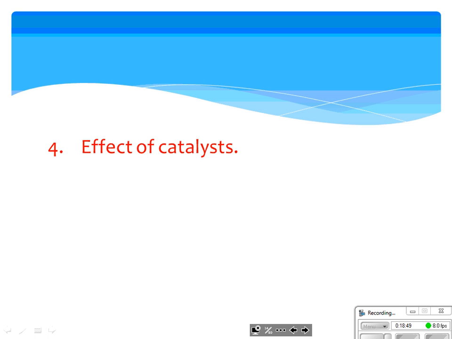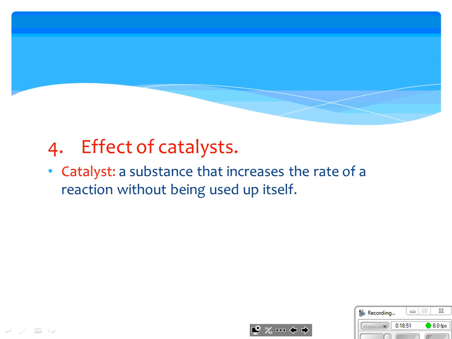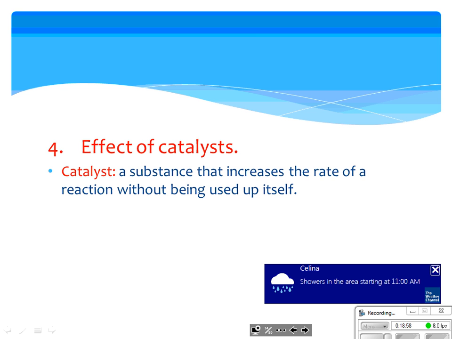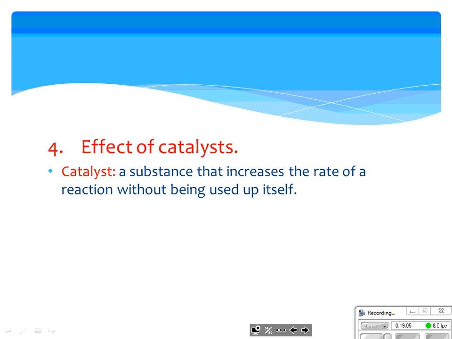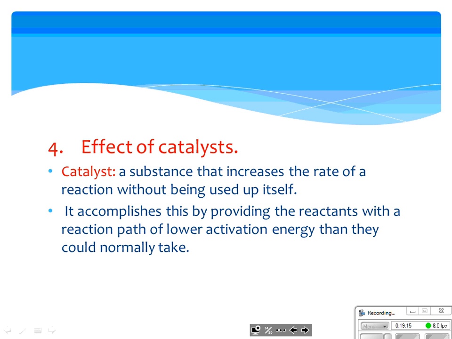Finally, we're going to talk about a catalyst. Well, what is a catalyst? A catalyst is a substance that increases the rate of a reaction without being used up itself. As we're looking at this, we can accomplish this by providing the reactants with a lower pathway of activation energy.